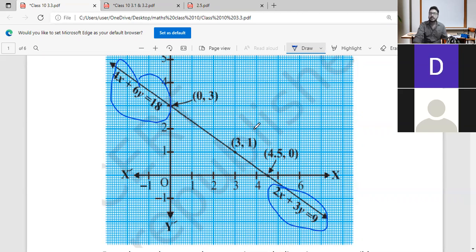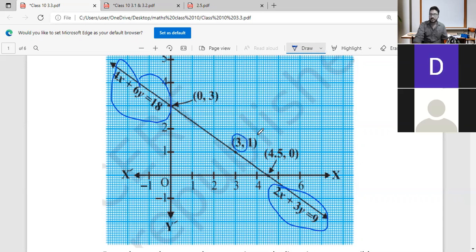So let us see, which means the value of x is 3 and the value of y is 1. Clear?